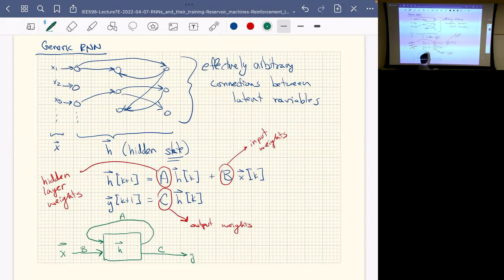So that's a graphical depiction of our recurrent neural network, a generic recurrent neural network. Okay. So any questions about this basic structure here?